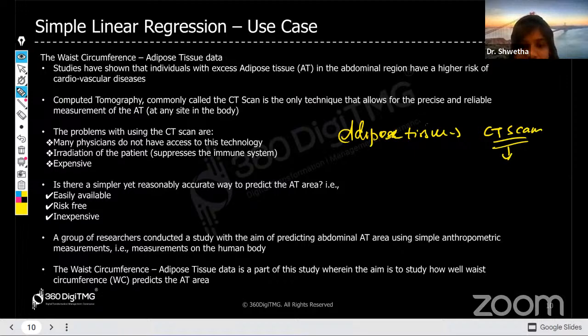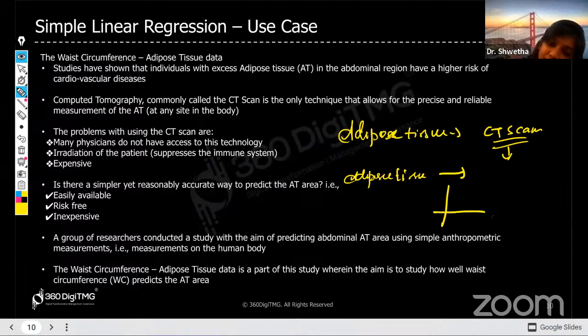Now, a group of researchers found out that abdominal adipose tissue was correlated with anthropometric measurements.